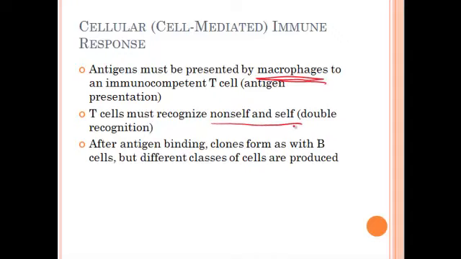Not only does it have to connect to the antigen of the foreign substance, but it also has to recognize the macrophage as self. So it has to recognize self and self, and only then is it activated and starts forming clones and begins this part of the response.